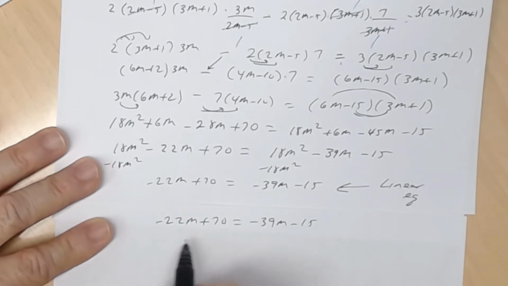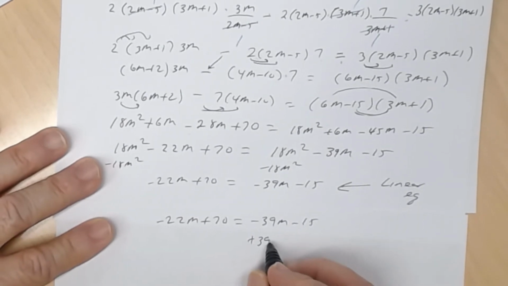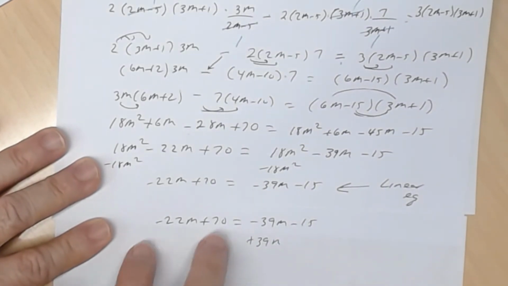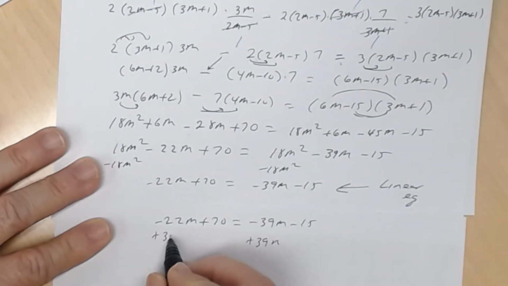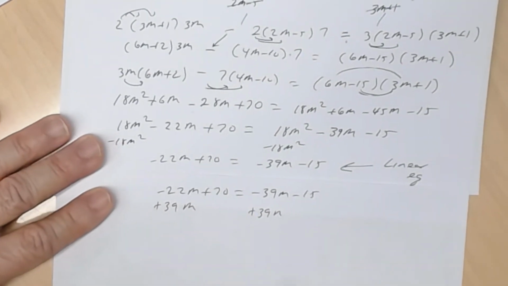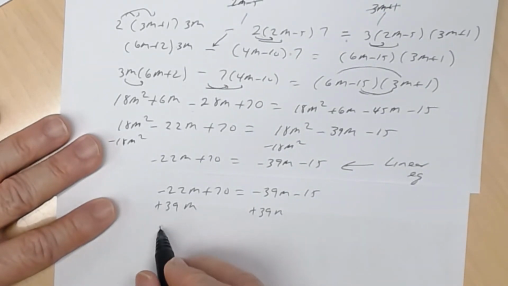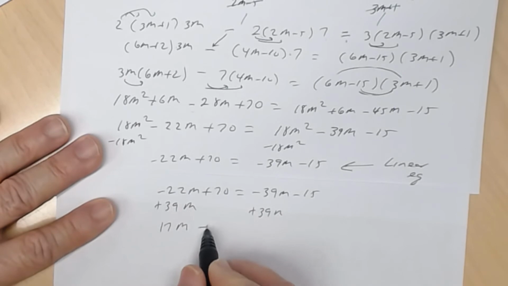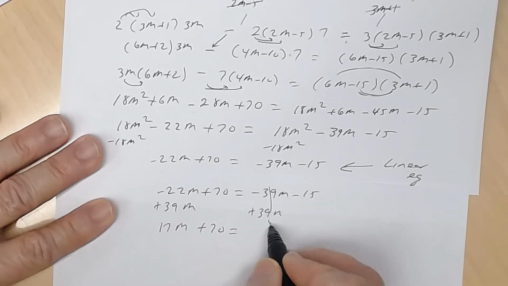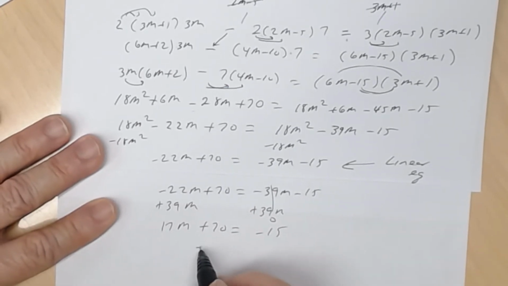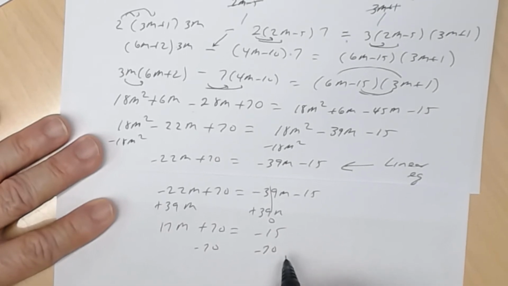So let's go ahead and add 39m to both sides. Bring variables to one side, constants to the other. All right, so notice 39m plus 39m. When I combine like terms, this becomes 17m plus 70 equals, this is 0, negative 15. Subtract 70 from both sides.